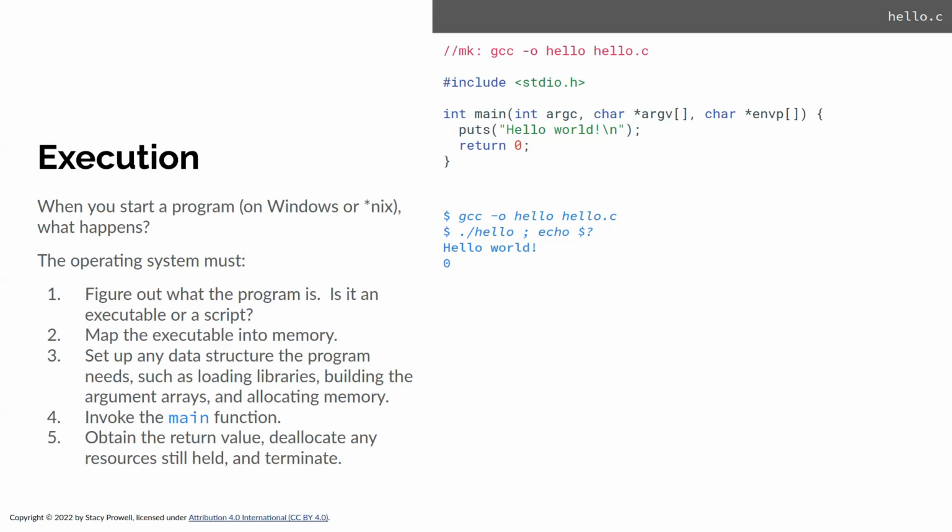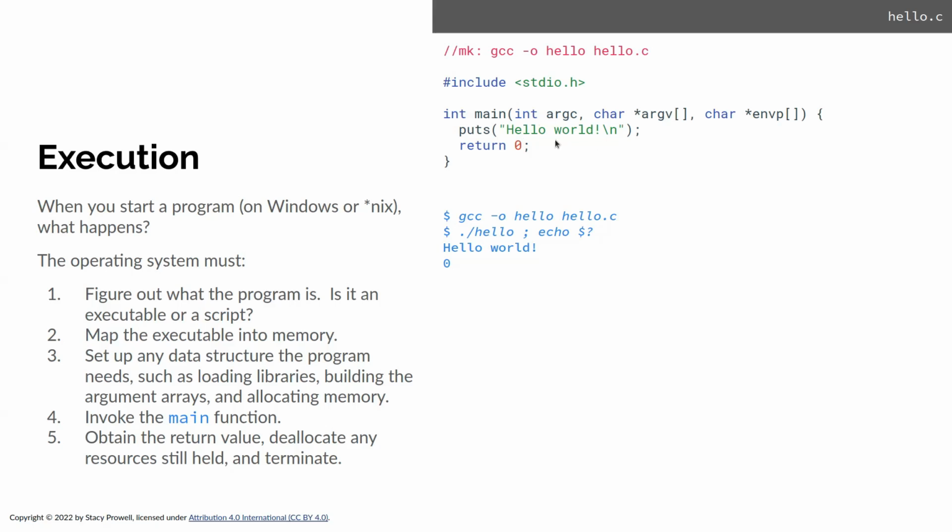And so once it's figured that out, it has to then map the parts of this that it needs into memory. What parts have to get mapped? Well, this has some code. So code has to be mapped into a page in memory that is marked executable. Typically, it's marked not writable. Has some data.